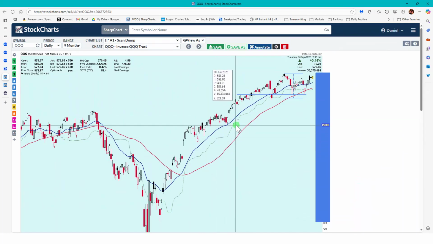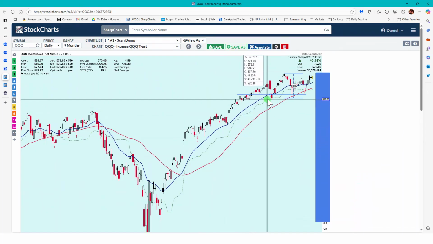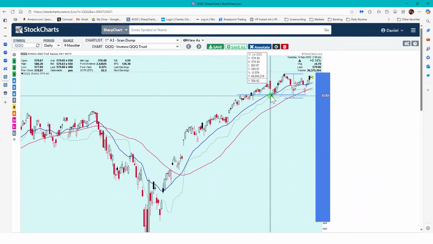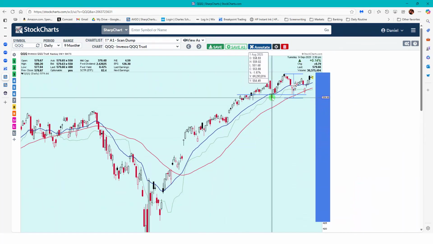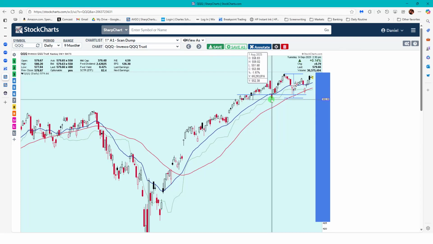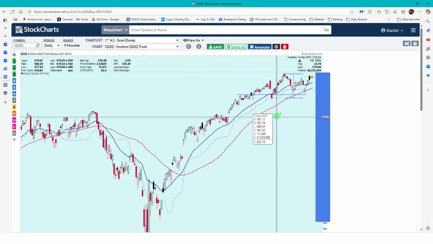So in this case, actually this one did close below the 21. I was wrong when I said that before. It opened at the 21, closed below it. But in this case, it also closed below the chandelier. So if you're using both of those, you might have been out right there, but then right back in the very next day when it went back above the 21. So that would have been a whipsaw, which absolutely can happen.